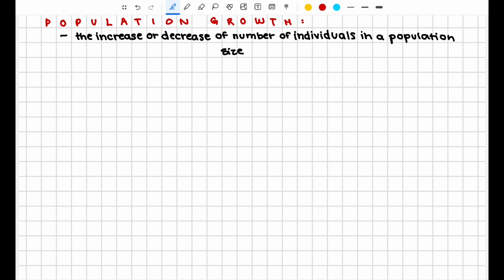And if we switched, it would be the opposite. If the death rate was higher, which we'll get into more, but if there are more organisms dying than being born, the population size will decrease. There will be fewer individuals in that species.